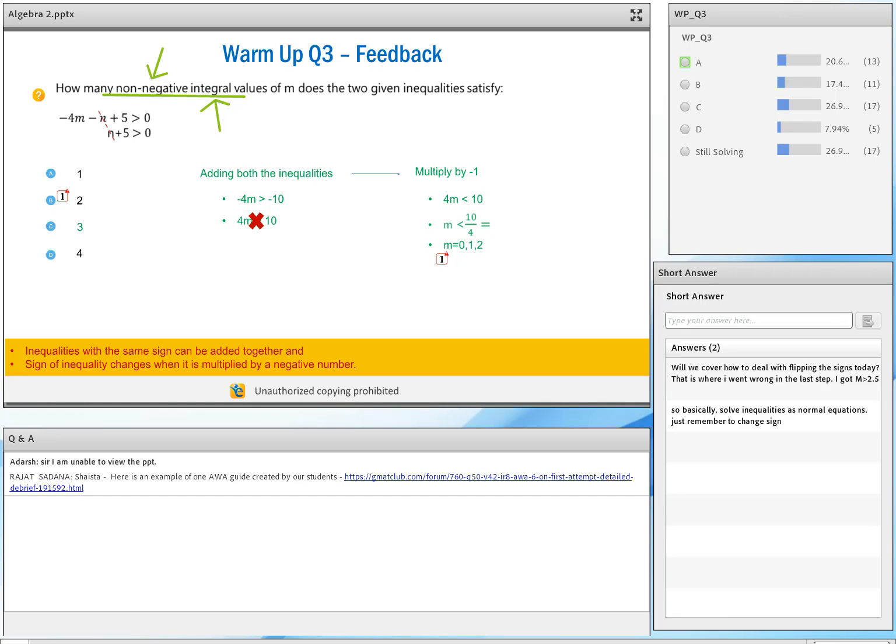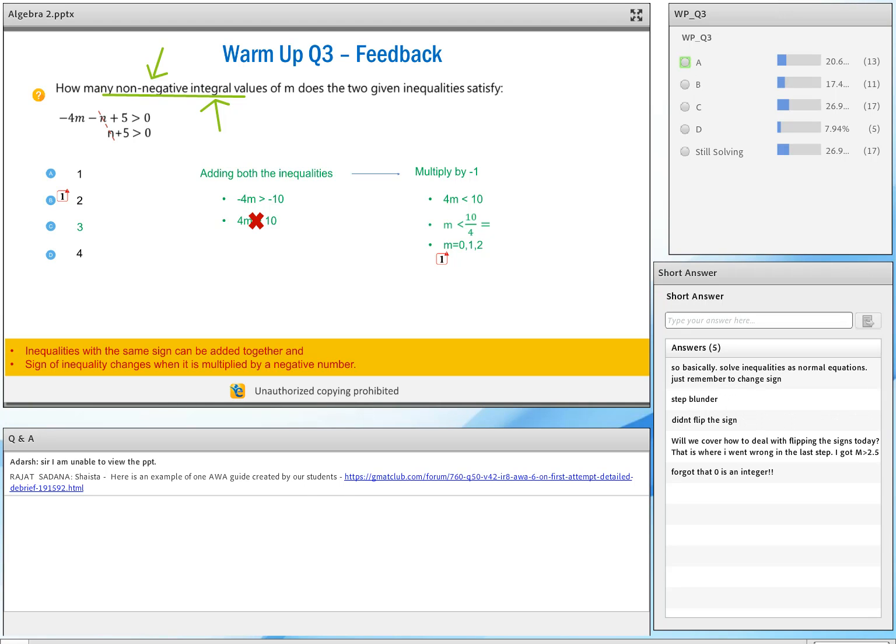Will we cover how to deal with flipping the signs today? That is where I went wrong in the last step. Okay, well, that's all there is to know. We are going to be testing it again and again. Basically, whenever you're multiplying both sides of the inequality by a negative number, you have to flip the sign. So that should be your biggest learning from the previous question and from this question.